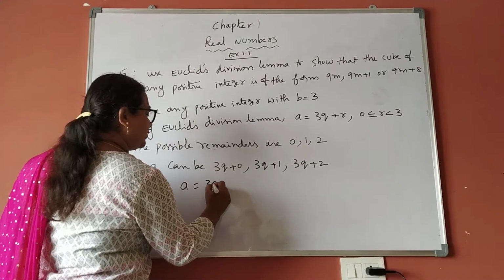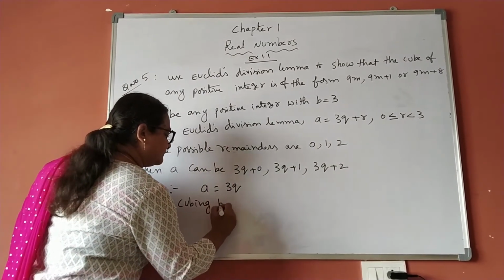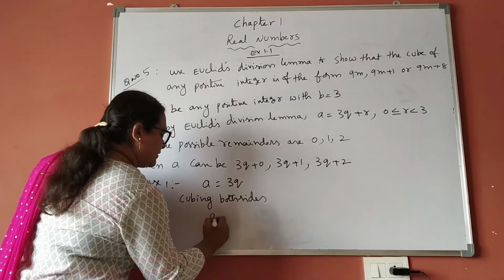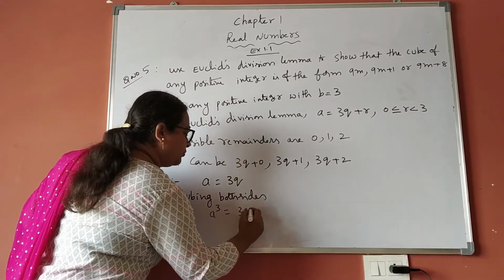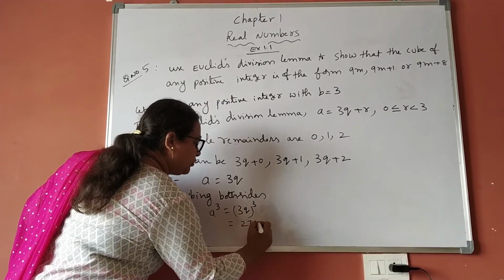Now case 1, a is equal to 3q. Cubing both sides, a cube is equal to 3q whole cube, that is equal to 27q cube.